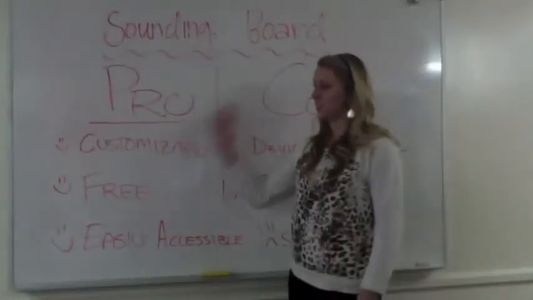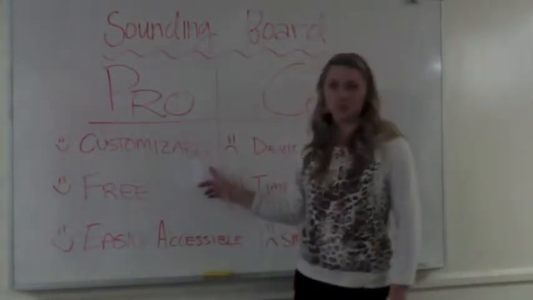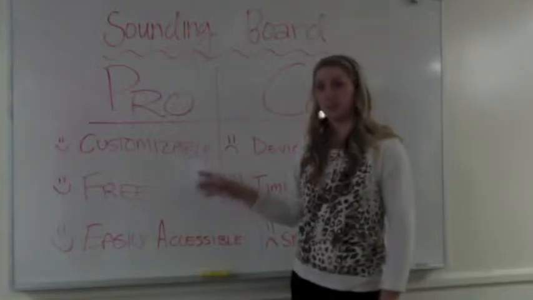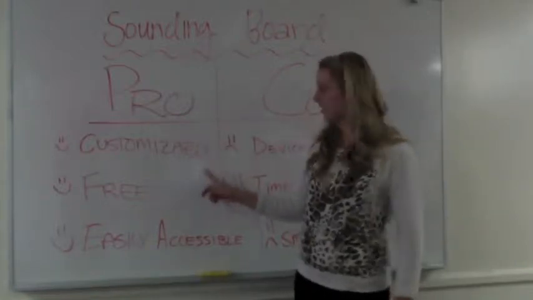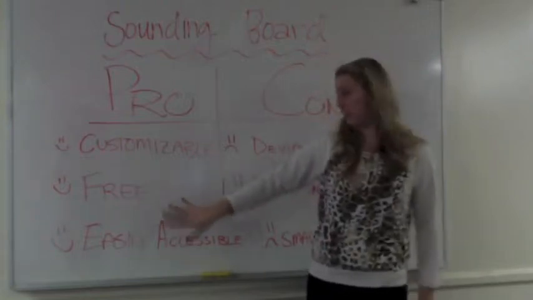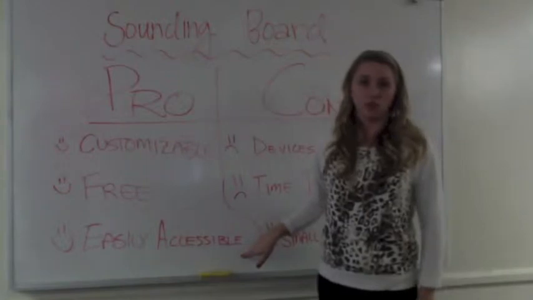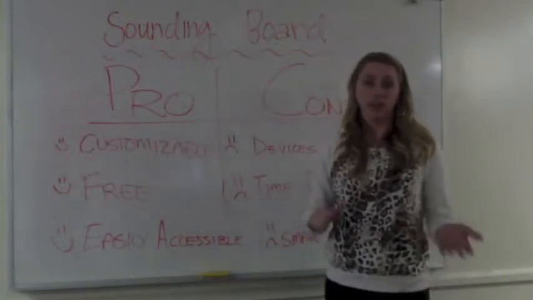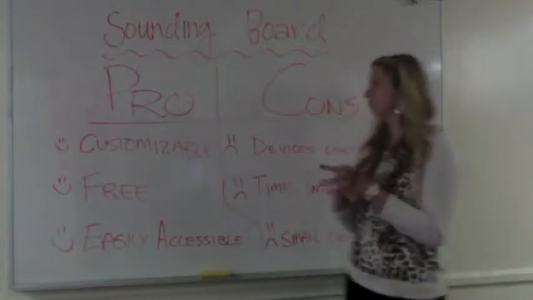We made this list of pros and cons for this Sounding Board app. Like we said, it's customizable. You can make your own board so it's more personalized to the student. It's free, no expensive costs for the app, and it's easily accessible. Having it available on Android and Apple devices makes it really nice so that students can get it anywhere.